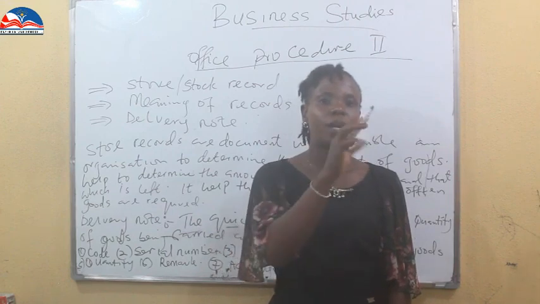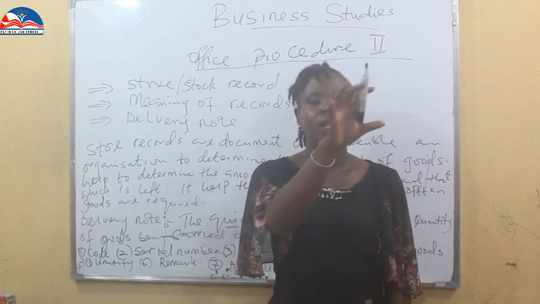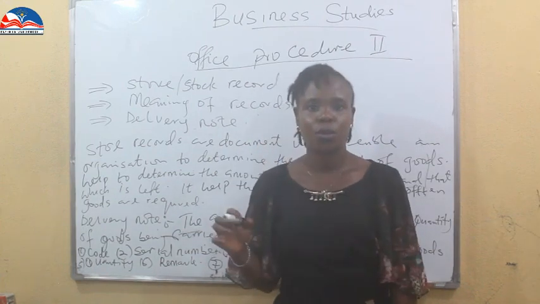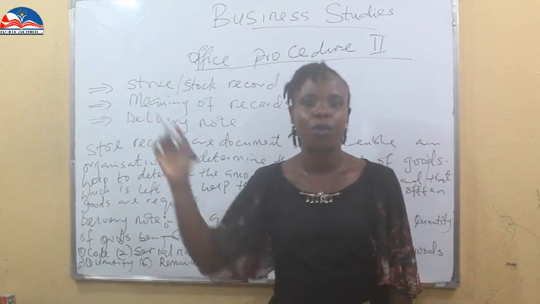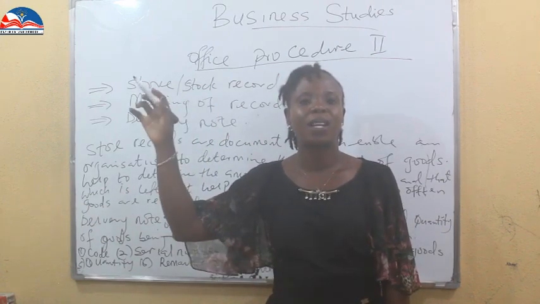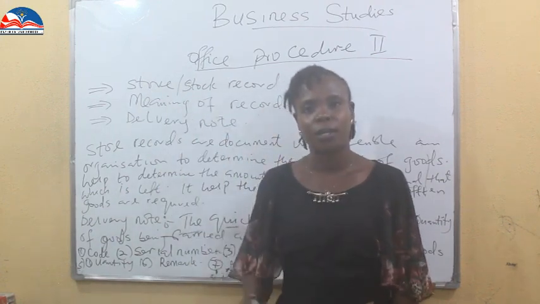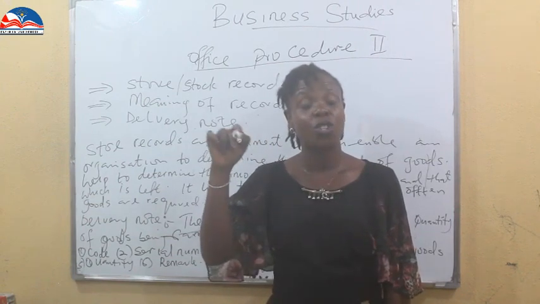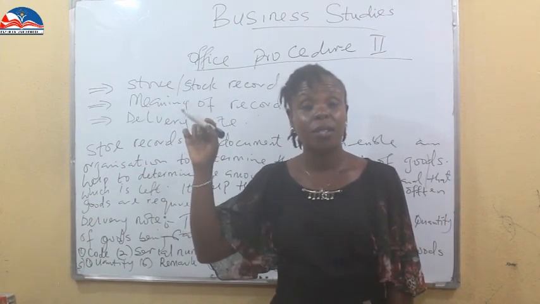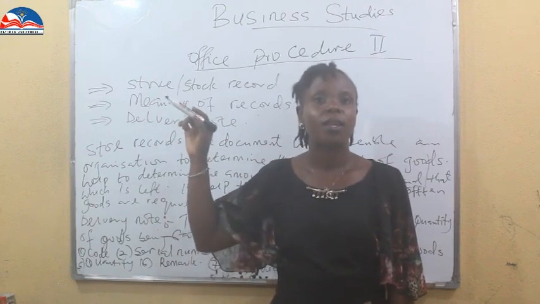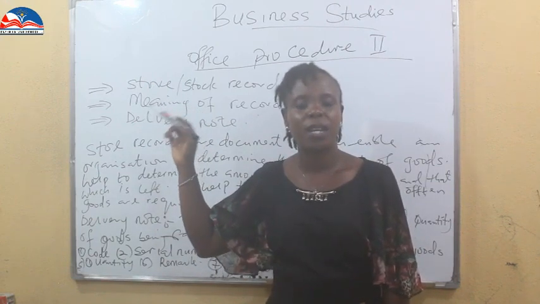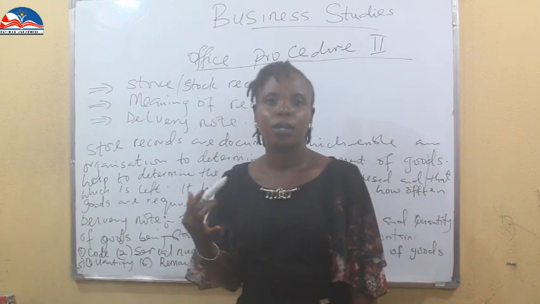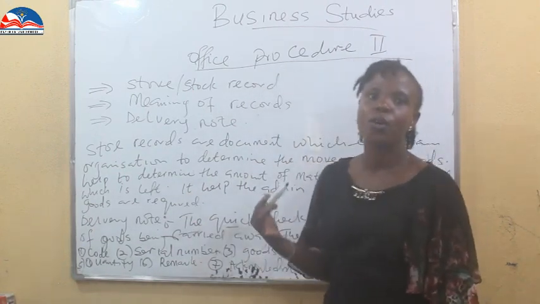It will tell you the date, the material, the quantity that was taken out of the organization, and the name of the individual and department that took it. So it comes with the dates, the description of the product, the amount taken, the unit taken, and the individual or the department that has taken it. So that is store record, or that is what record keeping is.